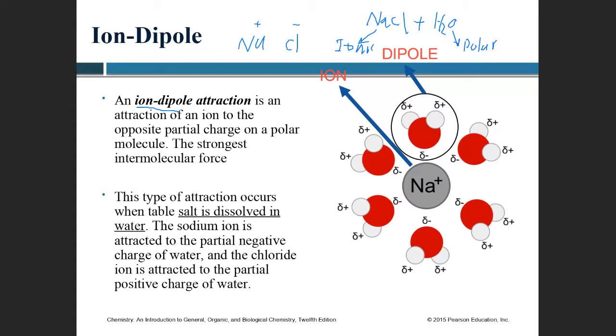The sodium cation, which is positive, will be surrounded by the water molecules, and there will be an attraction force between the positive ion and the partial negative side of the oxygen. This is the oxygen and this is the hydrogen. While the chloride on the other side, Cl, will be surrounded also by water molecules, but from the positive side of the hydrogen.